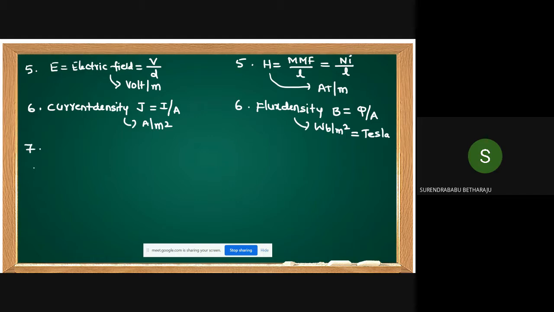Okay. Next, one more parameter. In the electric field, we can relate current density and conductivity: J equal to sigma E. This, from the fundamentals I gave at the start, is the first form of Ohm's law. Is it correct or not?